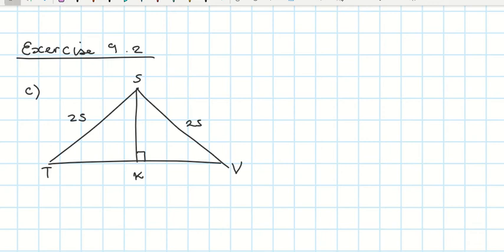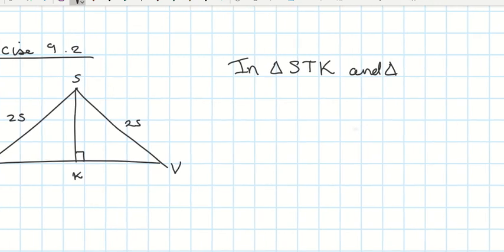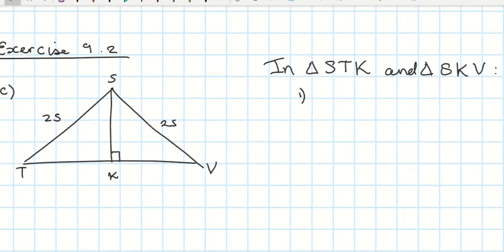So we would start by saying, I'm first going to look at the triangle on the left, and I'm going to say in triangle STK and triangle SKV, we have the following, namely one, we have hypotenuse.